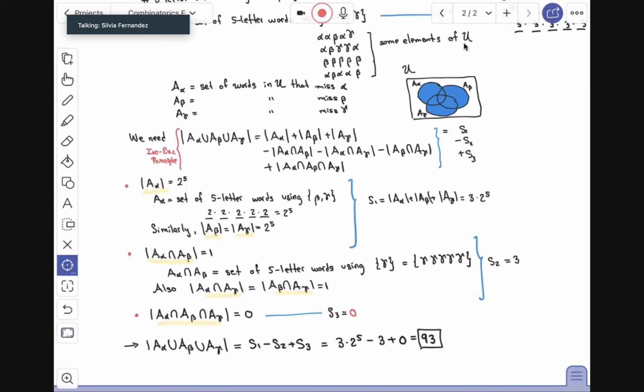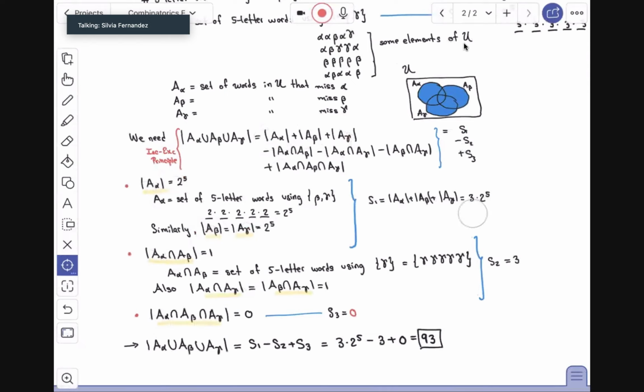I figure out what those numbers are and just add them up. The S1 that I was looking for is the sum of A alpha, A beta, and A gamma. If I see that they're each 2 to the 5th, I just add them.